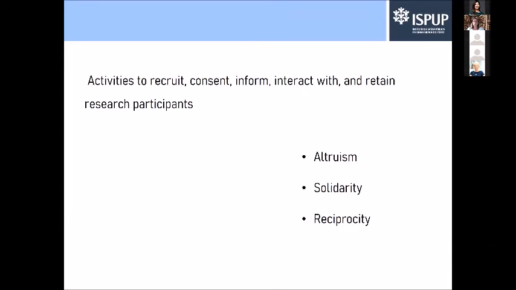Engagement of participants refers to activities implemented during recruitment, consent, and information to the participant, but also activities that have as main objective to retain research participants in the projects. These activities can be multiple, but usually they are sustained by the participants' feelings of altruism, solidarity, but also reciprocity.